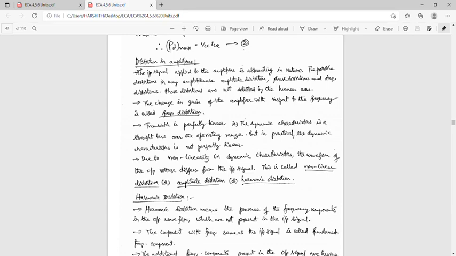But phase distortions are not detectable by the human ear, as it is insensitive to phase changes. The change in the gain of the amplifier with respect to frequency is called frequency distortion.